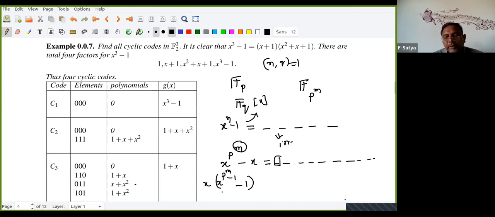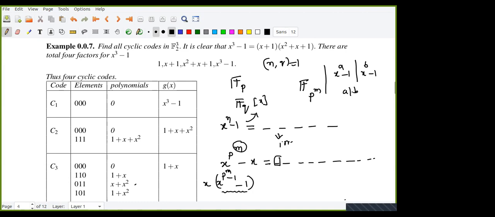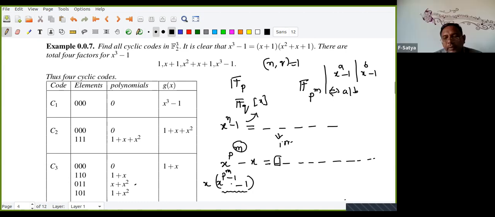Now we proved one more thing: x^a minus 1 divides x^b minus 1 if and only if a divides b. So now here I know the factors; all the irreducible factors will come from these. Now if my n divides this quantity p^m minus 1, I'm done.